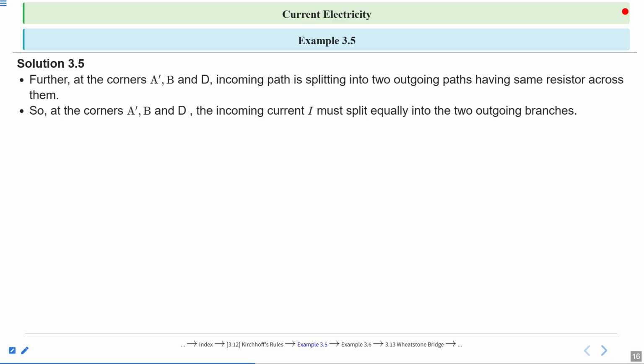So at corners A dash, B and D, the incoming current I must split equally into the two outgoing branches. Now at point A, 3I current is incoming, and the path divides into three outgoing paths, AA dash, AD and AB. These three paths are similar and symmetric, so the current 3I divides equally among them, I each.